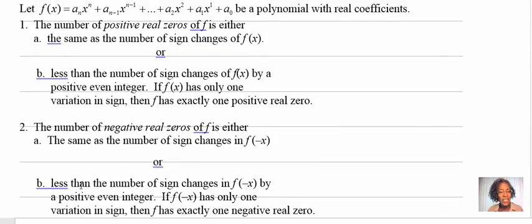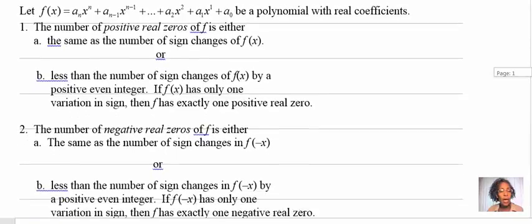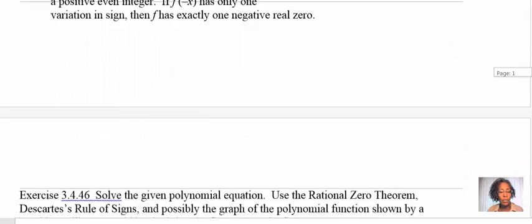So this is fascinating. It's quite complex how such a rule could be arrived at. And we're not going to concern ourselves in this class with how in the world Descartes came up with this rule of signs. We're just going to look at how to use this and the other theorems that we've discussed to solve a polynomial equation.